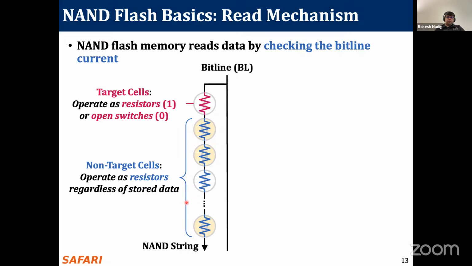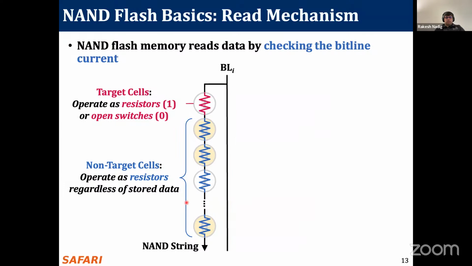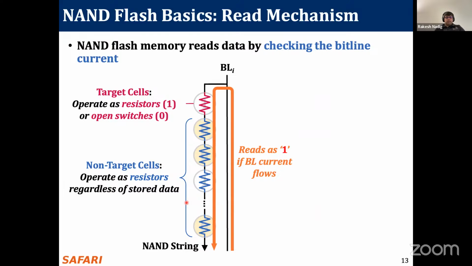If the target cell stores the value in the erased state, then it operates as a resistor. Or if it's in the programmed state, then it operates as an open switch. So during a read operation, when the bit line current passes through the NAND string, if the target cell operates as a resistor, then the bit line current passes through the NAND string and the sense amplifier decodes it as a value 1.